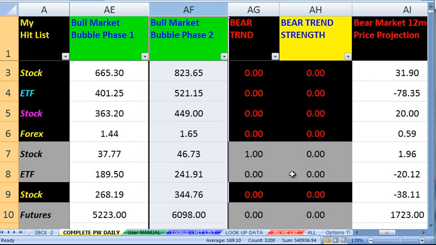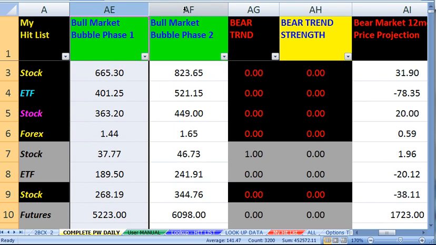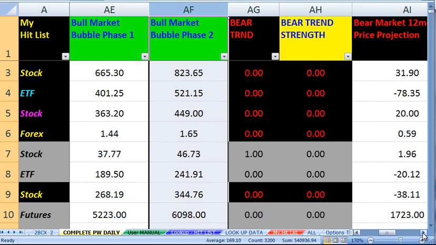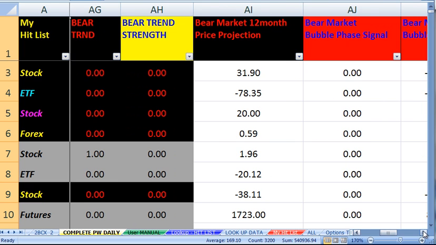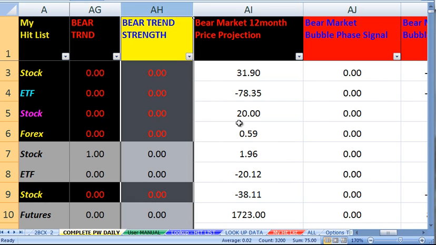So here are your price targets. Now the bubble phase 1 and bubble phase 2 targets go as far out as 3 to 5 years, all things being equal.